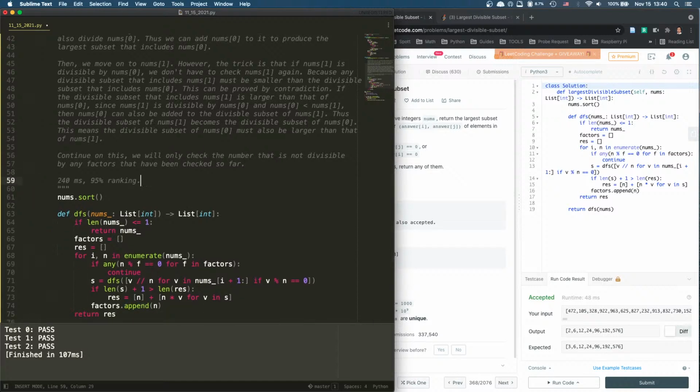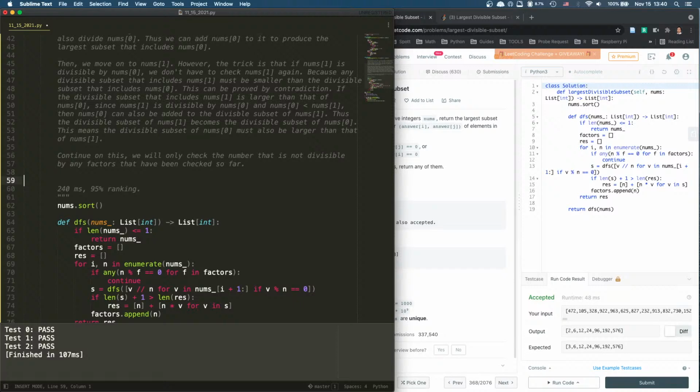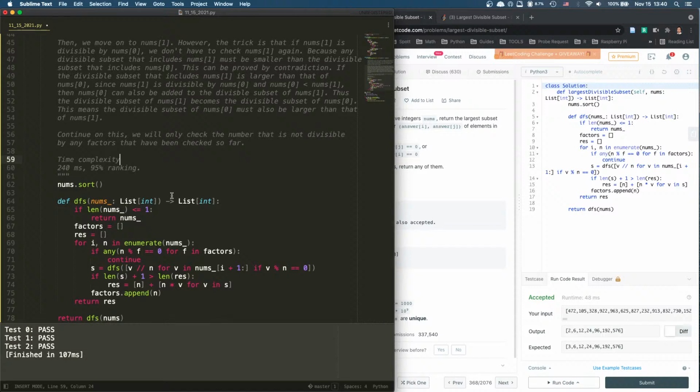Runtime, I have no clue. Time complexity, no clue. Well, I mean, oh yeah, that depends, right? So the first one will handle, and if it's divisible, then we don't do it.